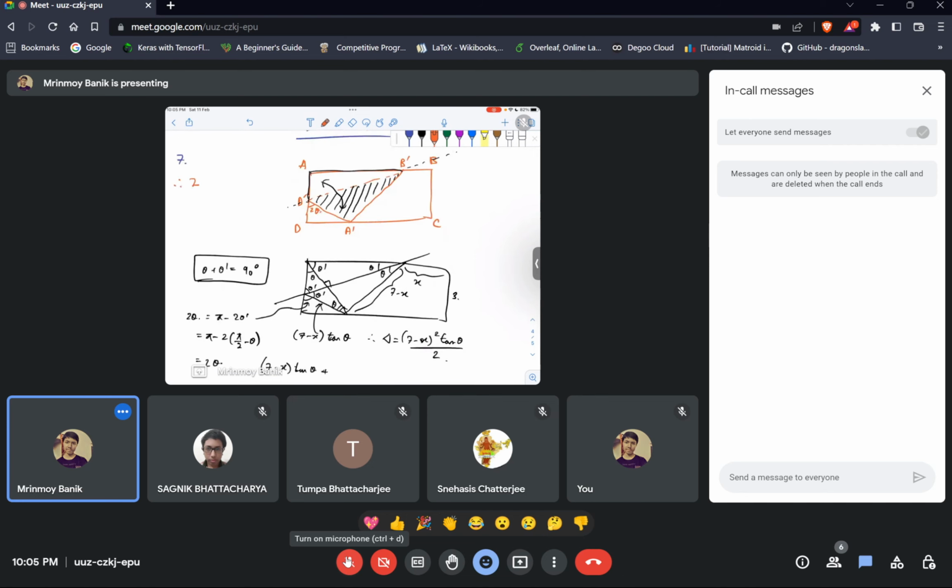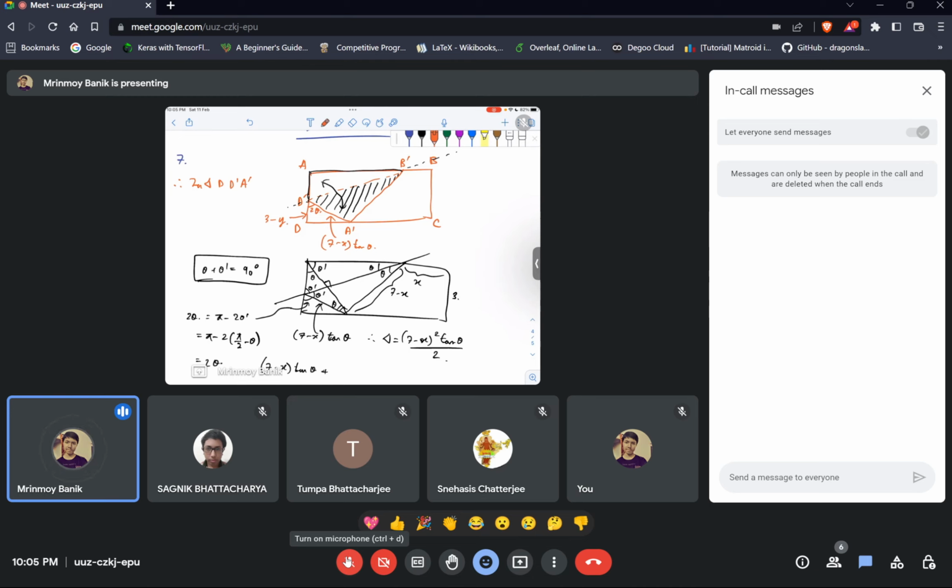Therefore, in triangle D dash A dash, we know this side is (7 minus x) tan theta, and this side is 3 minus that.